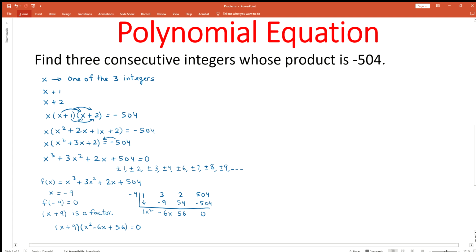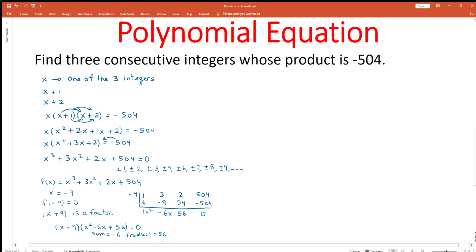Next we should factor the quotient, a simple trinomial. To factor this simple trinomial, we have to find two numbers whose sum is -6 and product is 56. There are no two numbers that satisfy these two requirements, so this simple trinomial cannot be factored.